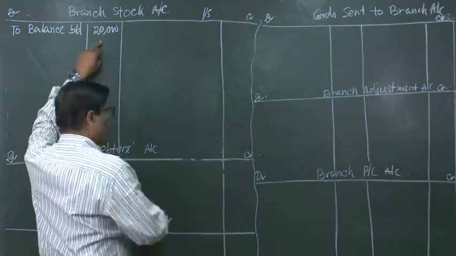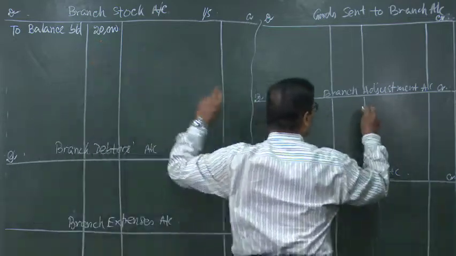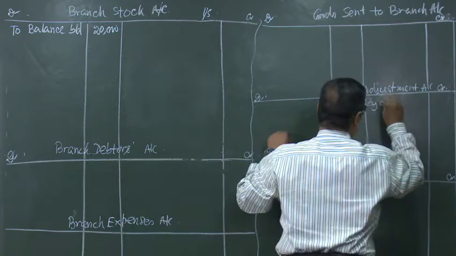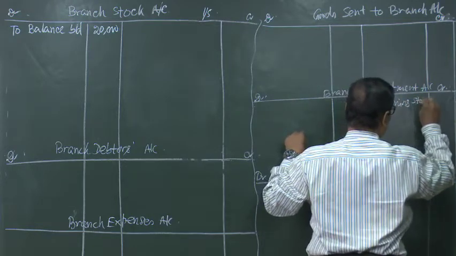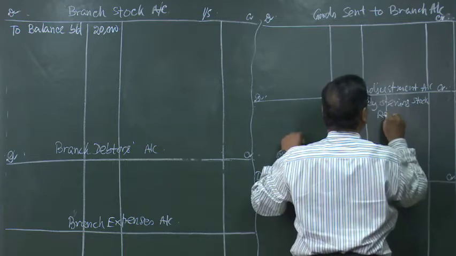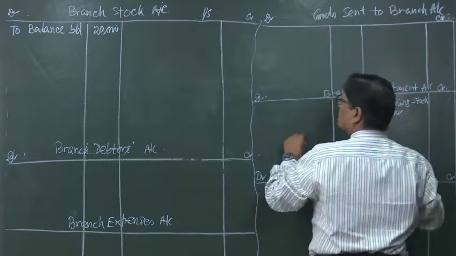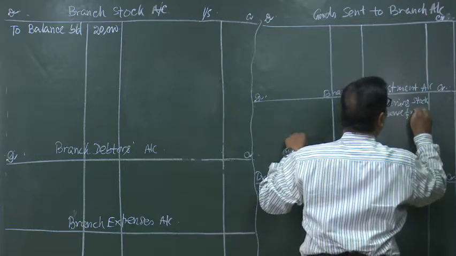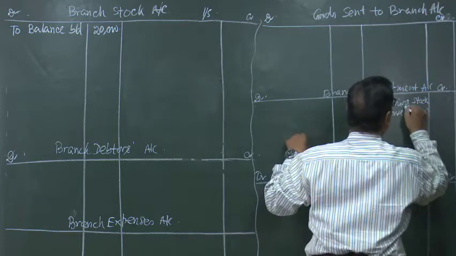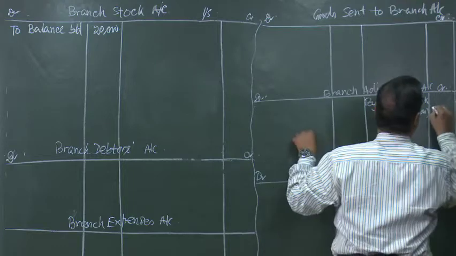So, your branch adjustment account will be credited by opening stock reserve, which is 1/5 of 20,000. So, that is equal to 4,000.